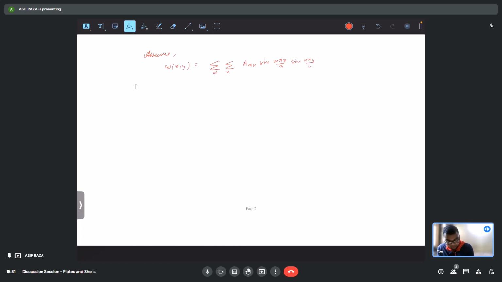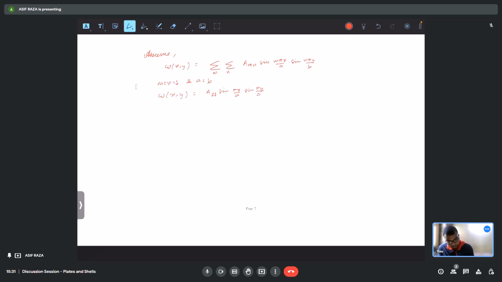But using the condition m equal to n equal to 1 and a equal to b, we get w of x, y equal to a11 sin pi x by a sin pi y by a.